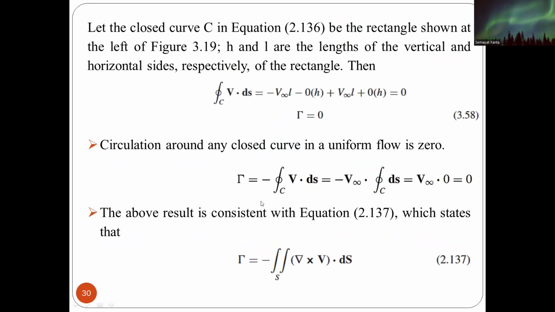So let's consider the curve C in the above figure to be the rectangle shown, which has thickness h and length L. For that, the integral of V dot ds gives us V along the length, minus V times length L, and along the thickness there is no velocity, so it is 0.